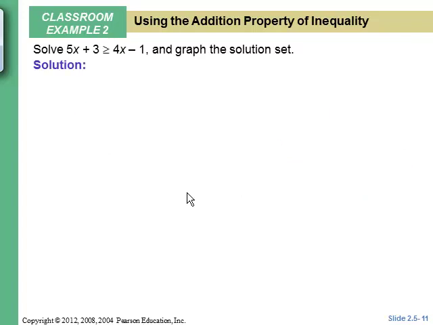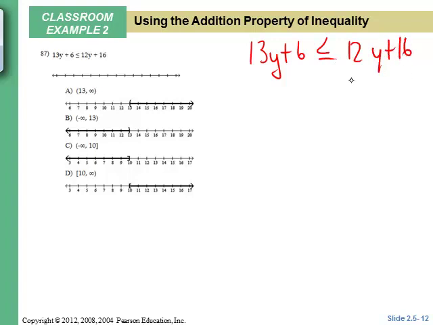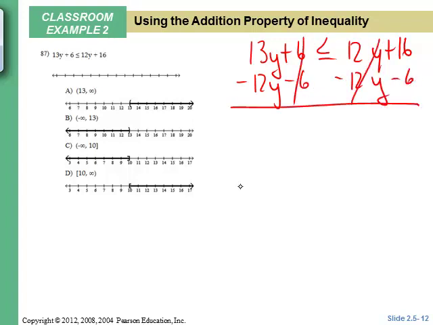All right, so you do this one. 13y plus 6 is less than or equal to 12y plus 16. Subtract 12y from both sides. Subtract 6 from both sides. The 12y's cancel, the 6's cancel.